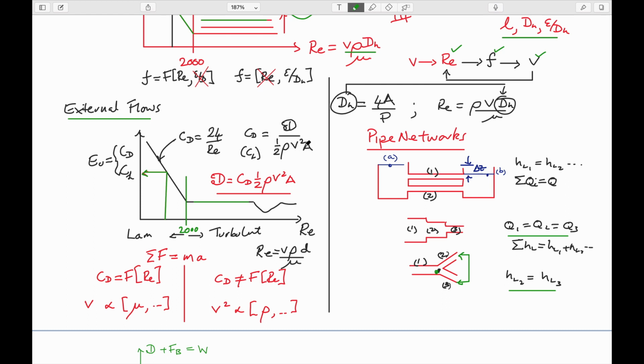And this cross-sectional area of the object is usually the facing area of flow. For a sphere it doesn't matter because it's the same in all directions, but for a cylinder it might be different depending on the direction at which the flow impinges on the structure.